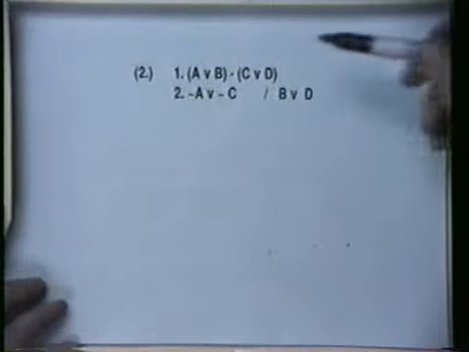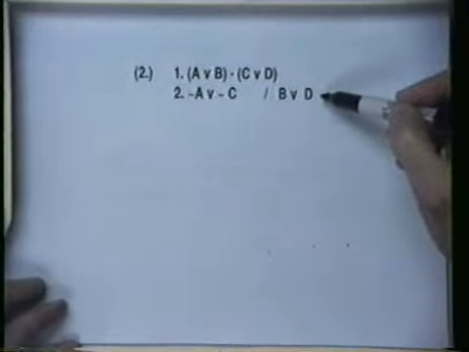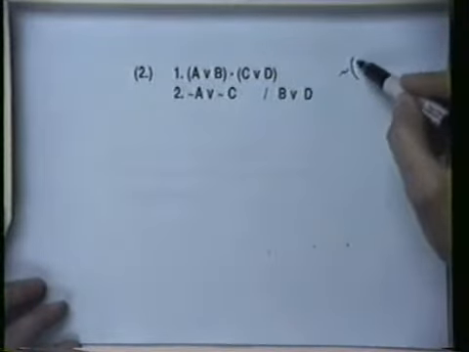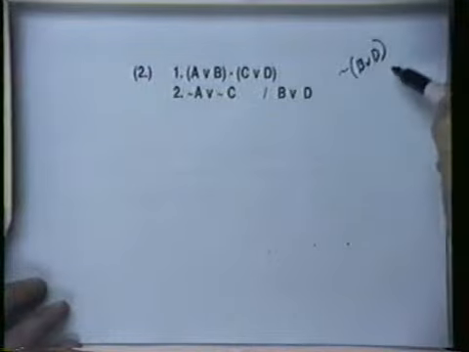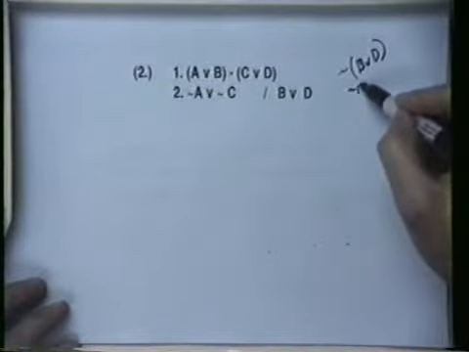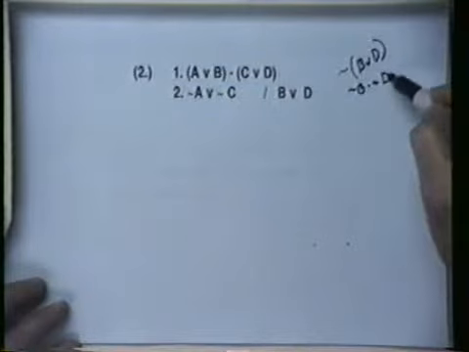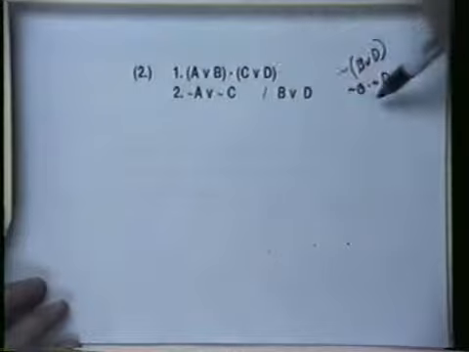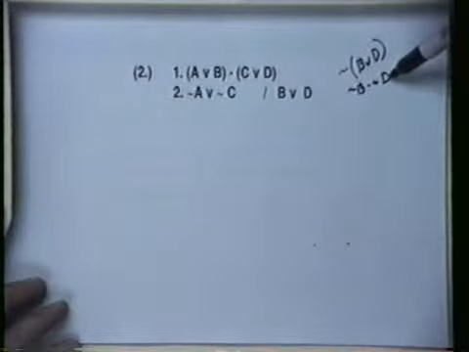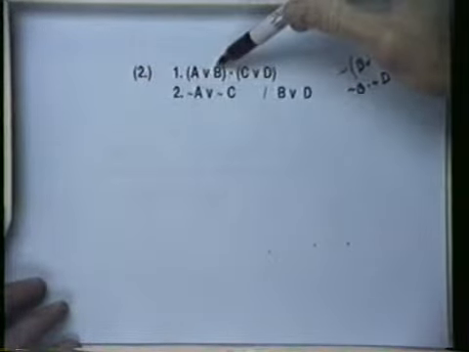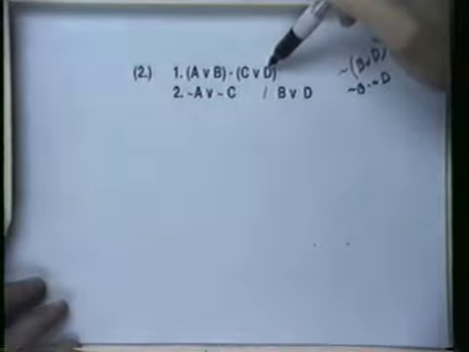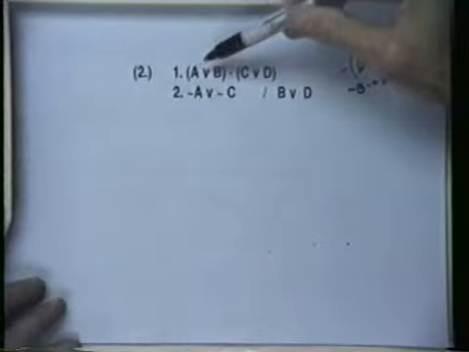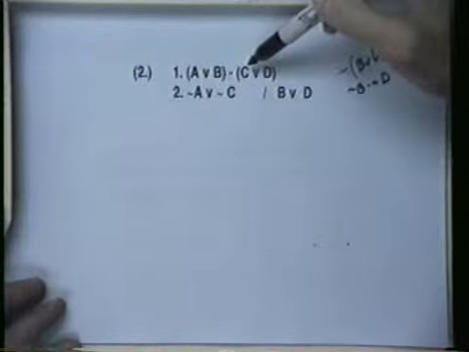Well, notice that if we were to take its negation, that would be not B or D. And you'll remember by De Morgan, of course, that's equivalent to not B and not D. And now observe that in line 1, if we had this, we would have the negations of this disjunct and this disjunct, and so by two moves of disjunctive syllogism we would be able to get A and C. Now how's that going to help?